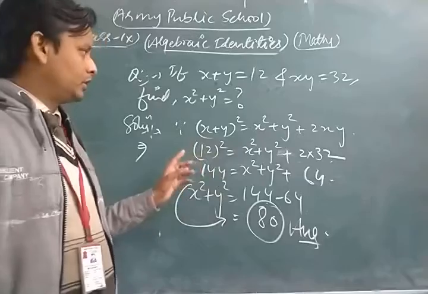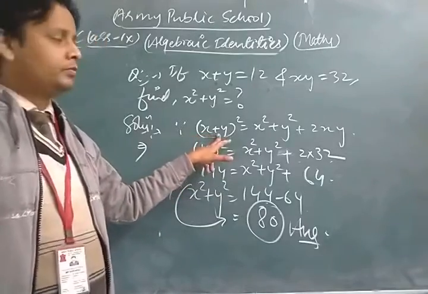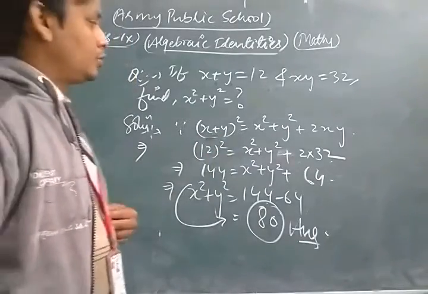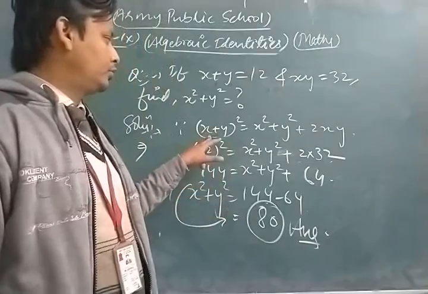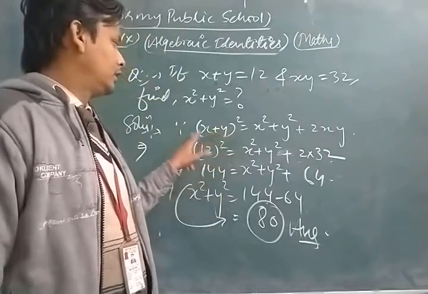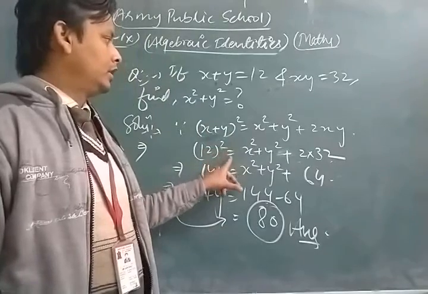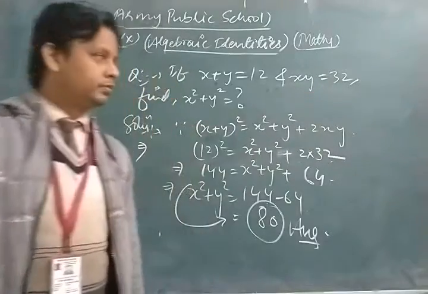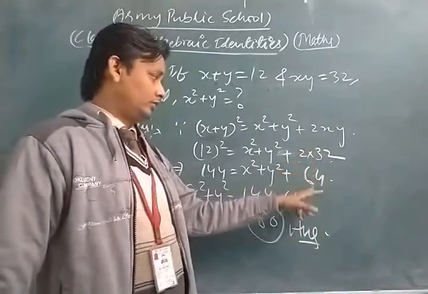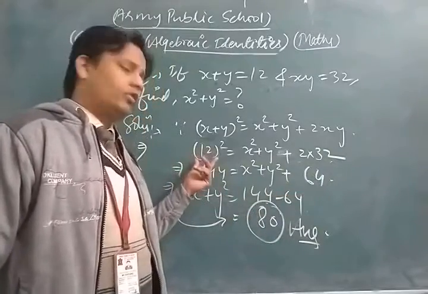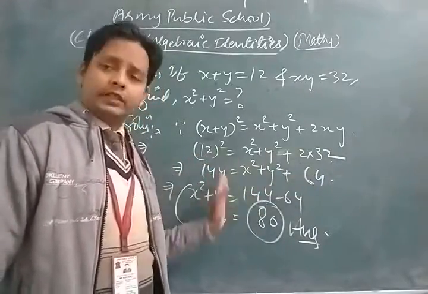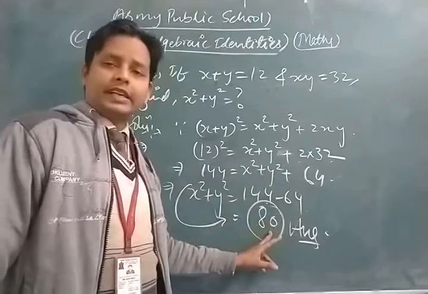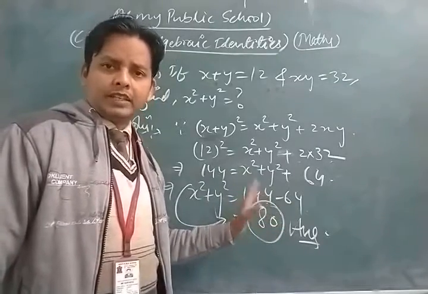So for that, dear student, we apply the formula a plus b whole square, which means a square plus b square plus 2ab, and from there we put the value of x plus y as 12 square is equal to x square plus y square plus 2 times xy, where xy is equal to 32. Okay. Now the square of 12 is what? 144, and after transferring, we get our result as x square plus y square equals 144 minus 64, that is 80. So in this way you can solve that type of question.